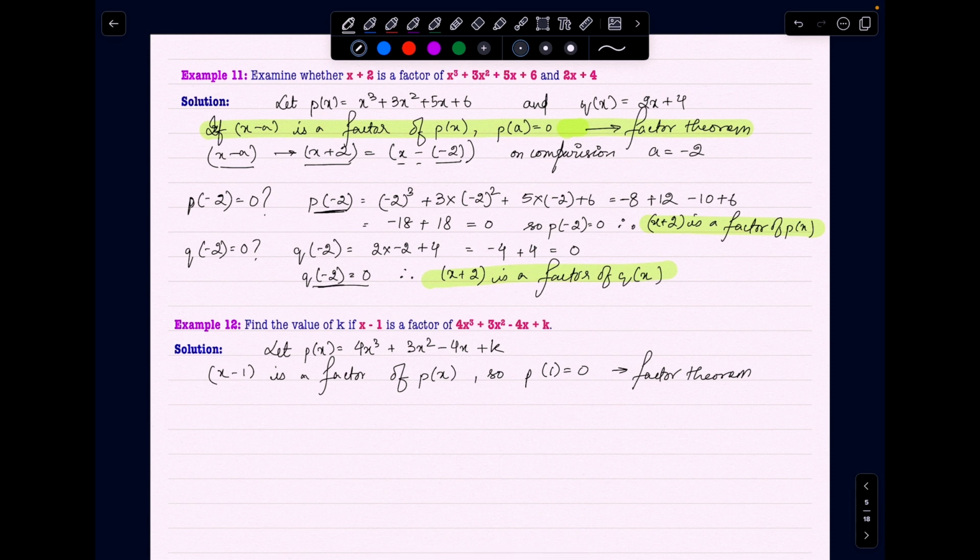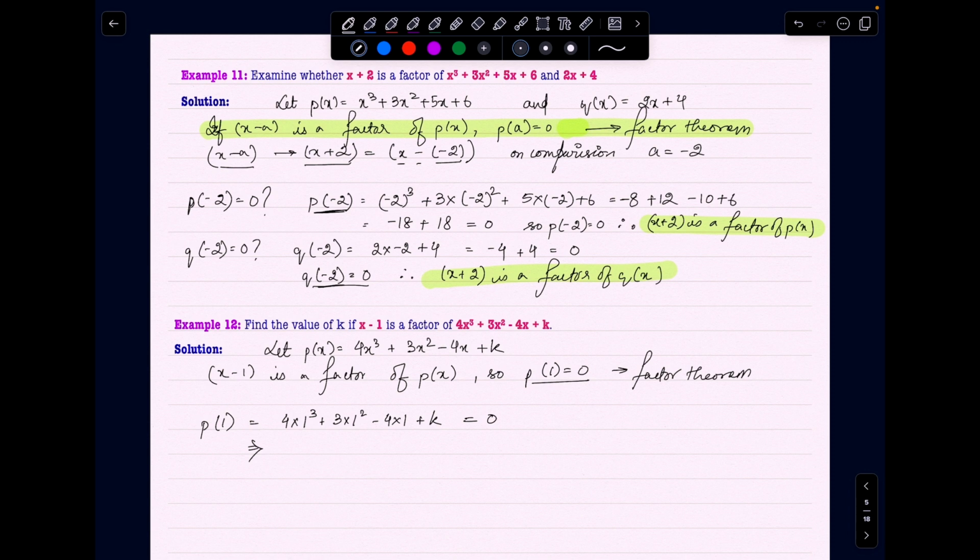So we are going to find what is p of 1. p of 1 equals 4 into 1 cube, plus 3 into 1 square, minus 4 into 1, plus k, we don't know the value of k. This is p of 1, and that thing equals 0.